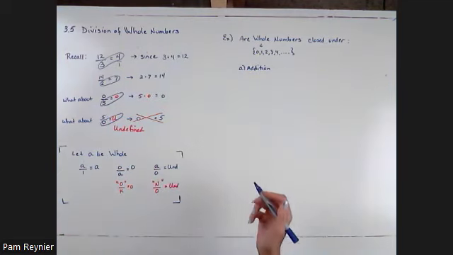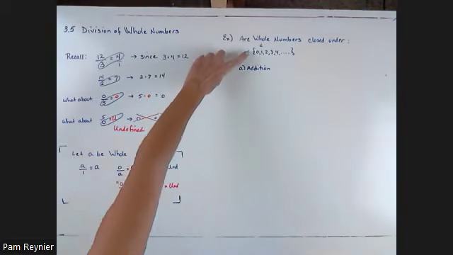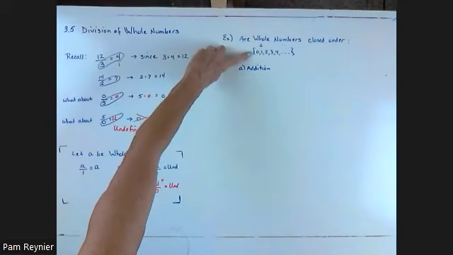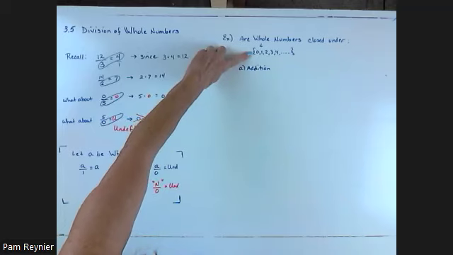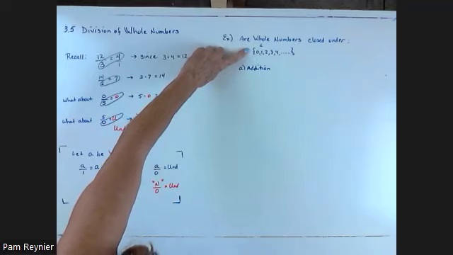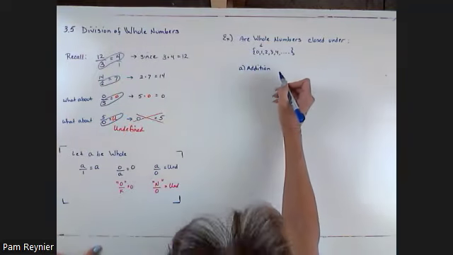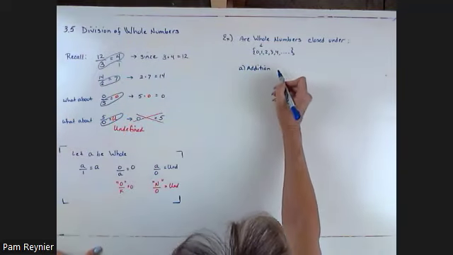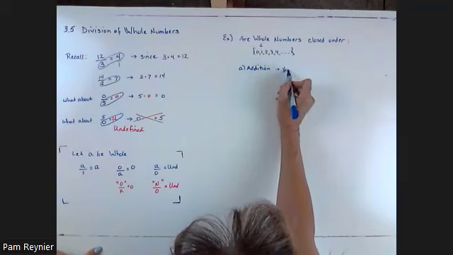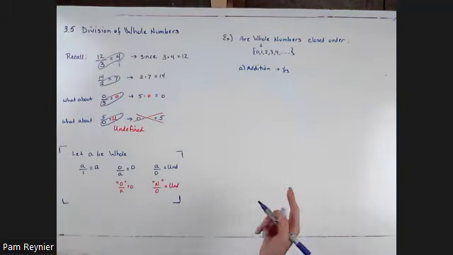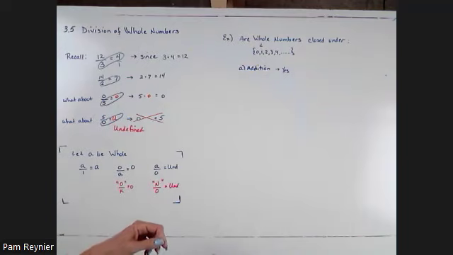Meaning, if I take any 2 numbers in this set, 0 and 0, 0 and 1, 0 and 2, 2 and 5, 4 and 47, whatever your numbers are, and you add them together, will your answer still be in this set? And the answer is yes. If I take any numbers and add them to any other number in the set, I still get a number that's in that set.